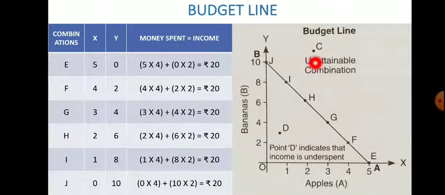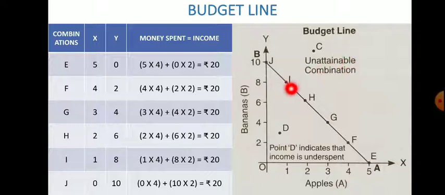But if you consider this point, point C, which is outside the budget line, this is an unattainable combination, because his or her budget is only rupees 20, and the person cannot buy more than that.